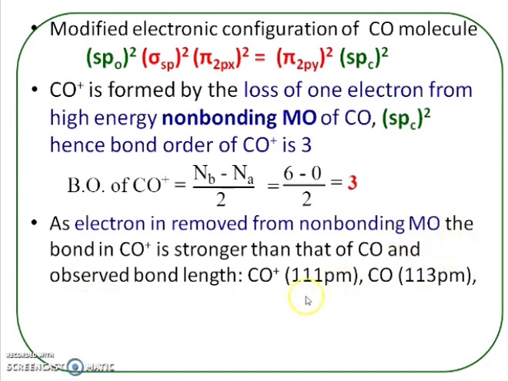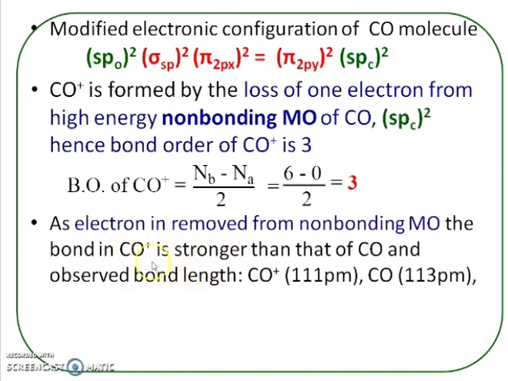The electron is removed from a non-bonding molecular orbital, and therefore the bond in CO plus is stronger than that of carbon monoxide. Actually when an electron is removed from a bonding molecular orbital, then bond strength decreases, because bonding electrons are responsible for the formation of the bond.